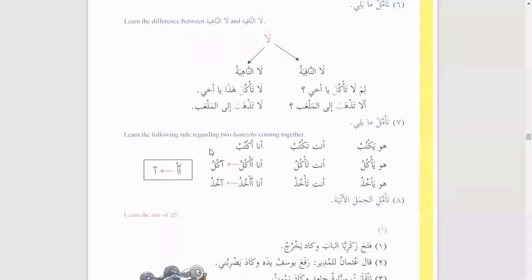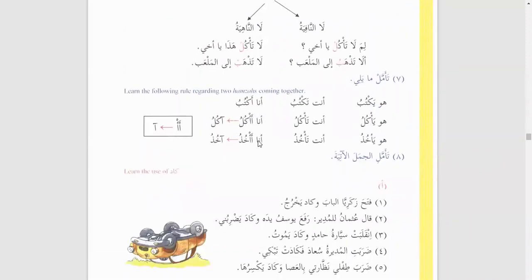Okay. So here it says huwa yakulu, he eats, anta takulu, you eat. But when we say ana, it will be ana akulu, I eat. And the same idea that we have discussed earlier, that the first hamza is hamza maftuha, whereas the second one is sakina. So when hamza maftuha is followed by sakina, then it changes into mad and it becomes akulu.